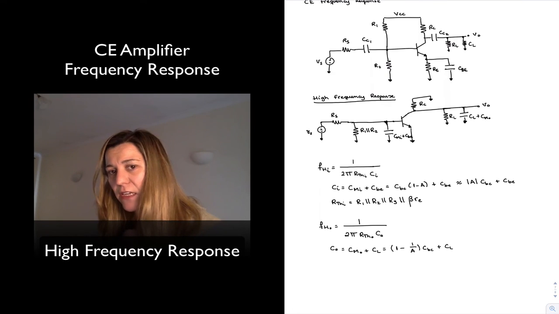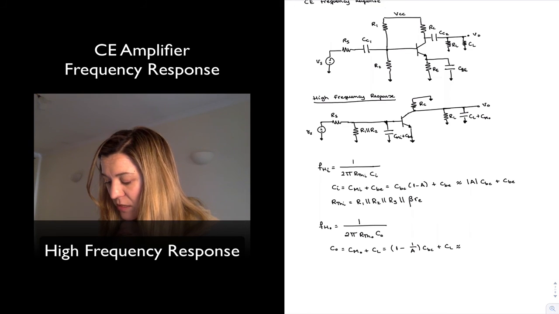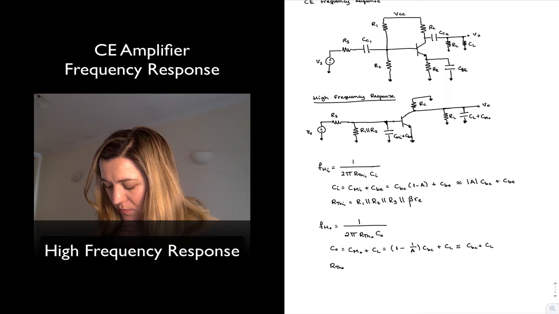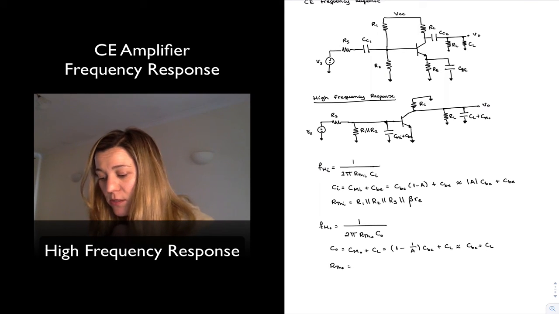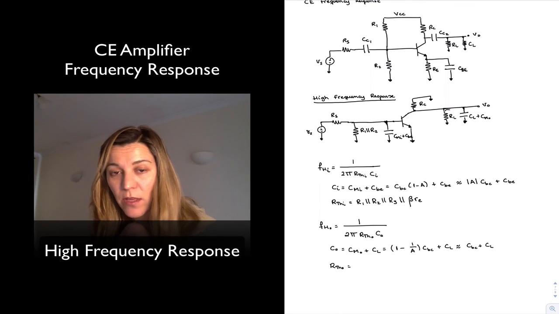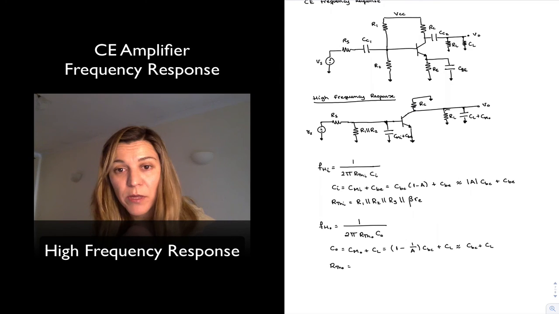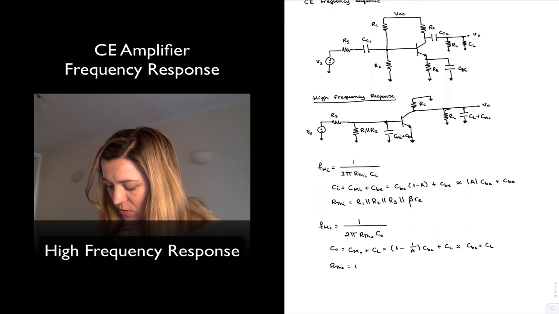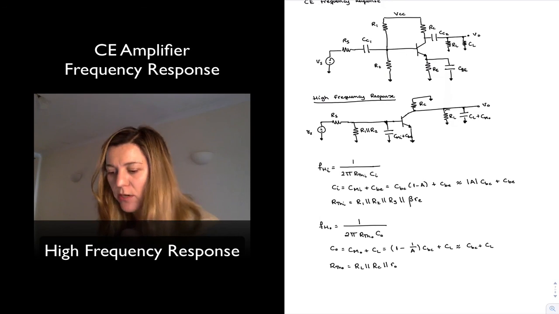And again, since the gain is typically much larger than 1 for a common emitter amplifier, we can approximate this as CBC plus CL. And now the Thevenin resistance across the terminals of that capacitance is just going to be, from the schematic or from the drawing, RL in parallel with RC, and if we want to consider little rho, it will also be in parallel with little rho. So RL in parallel with RC in parallel with little rho.